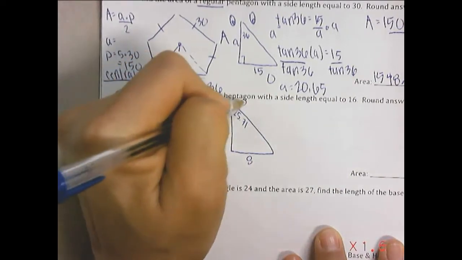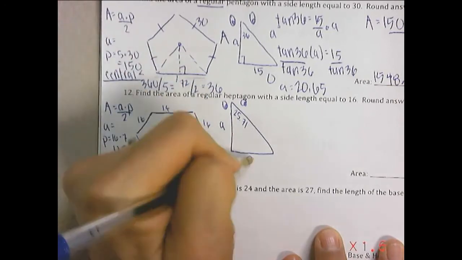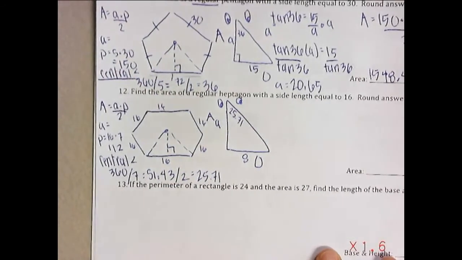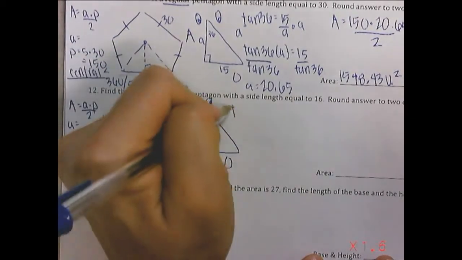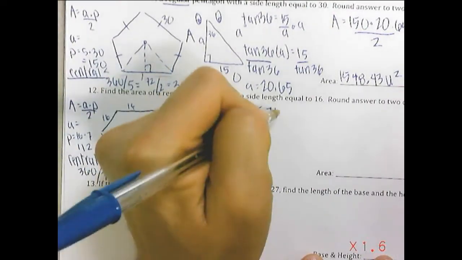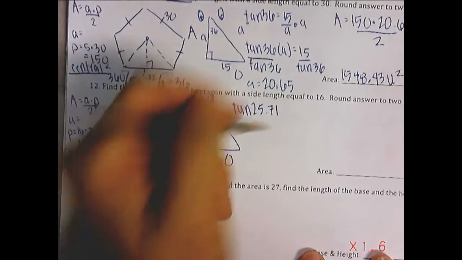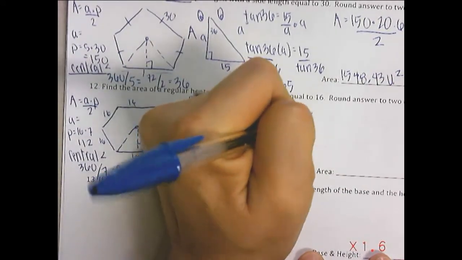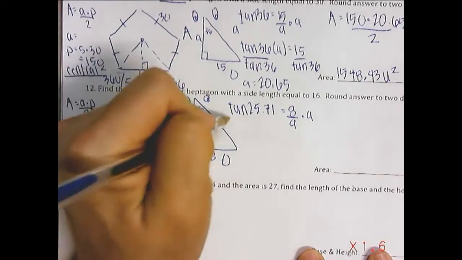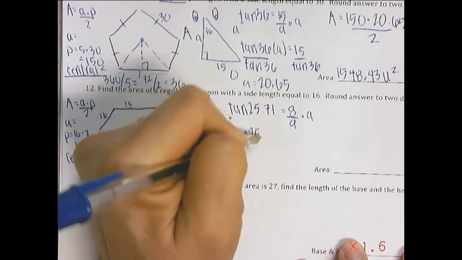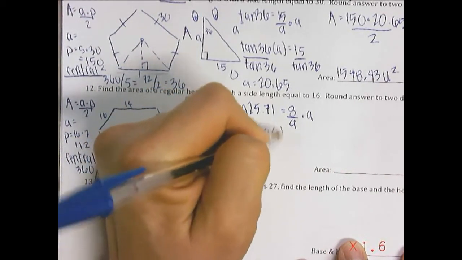Googly eyes would tell me that this is my opposite and this is my adjacent, which would be tangent. So I would have tangent 25.71 equals 8 over A. Multiply both sides by A: tangent 25.71 times A equals 8.